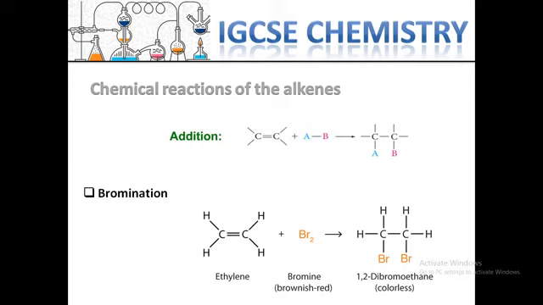Ethylene can react with bromine, the bromine bond can be broken, and each bromine atom can place on the carbon on each side of the double bond. So the double bond can be changed to a single bond, making an alkane structure.